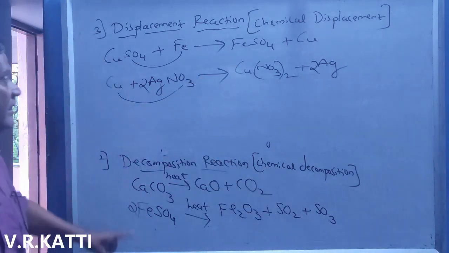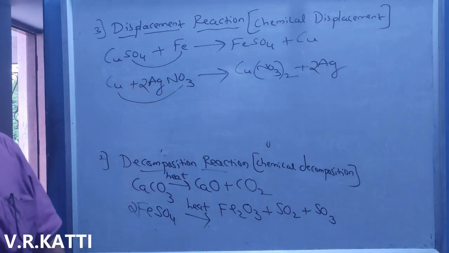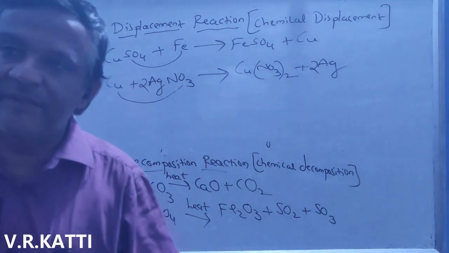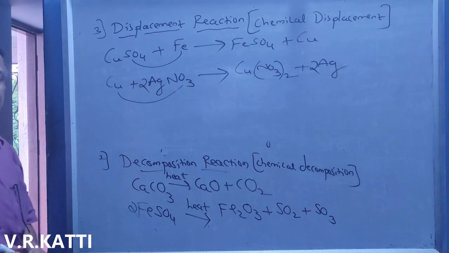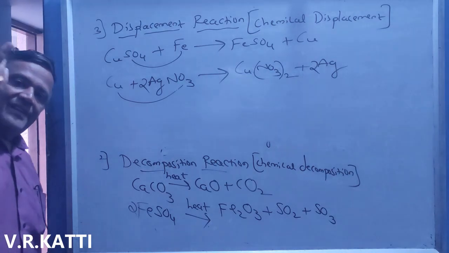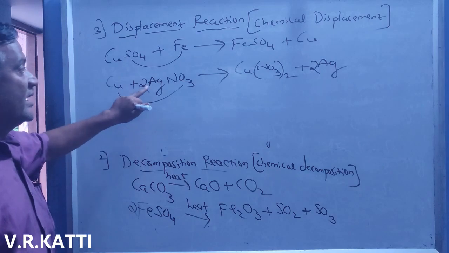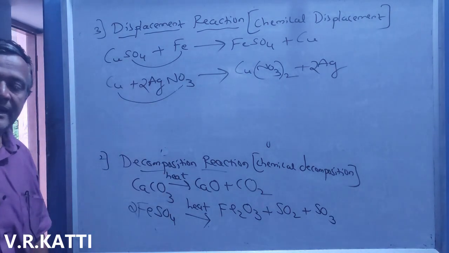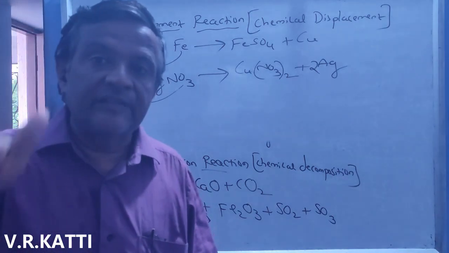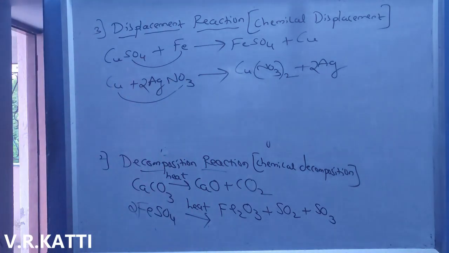So it is a displacement reaction. So one element of a compound is displaced by what? Another element. One element of a compound is displaced by another element, so it is called displacement reaction.